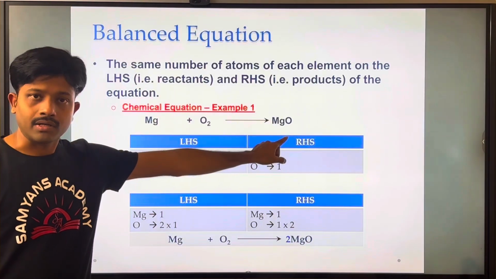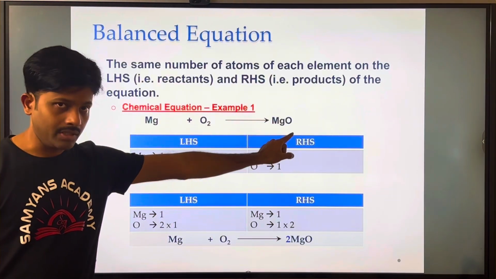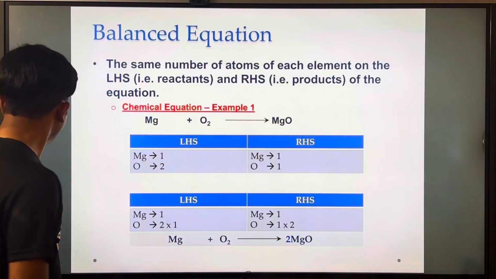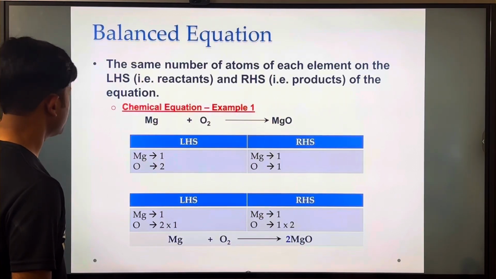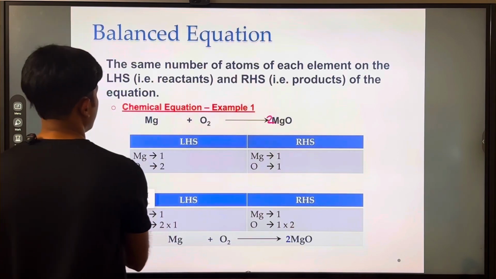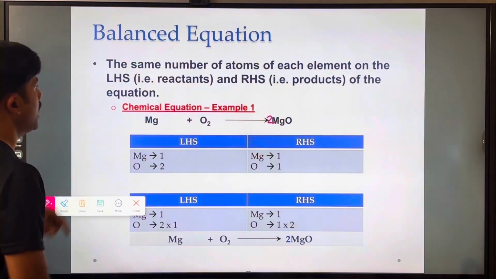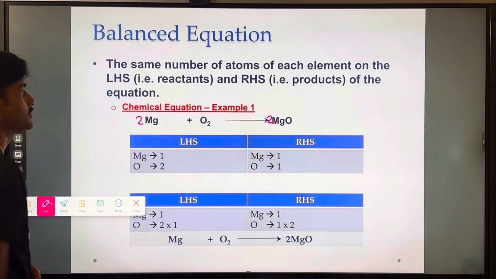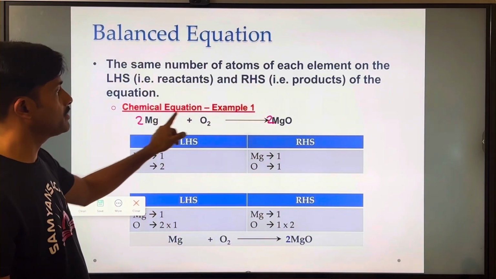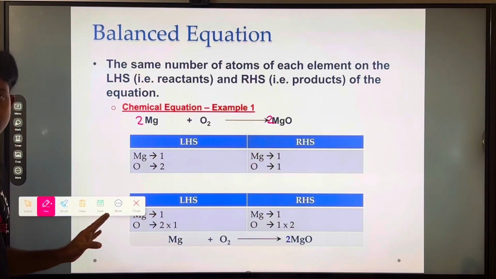To balance the oxygen, put a 2 beside magnesium oxide. Now magnesium becomes 2 on the right, so put 2 Mg on the left. Now 2Mg plus O2 gives rise to 2MgO. Now it is a balanced equation.